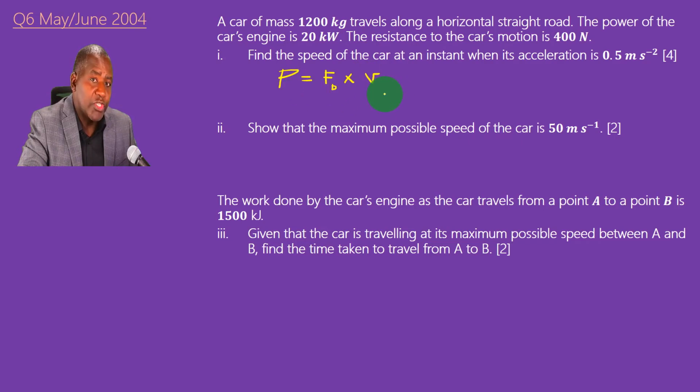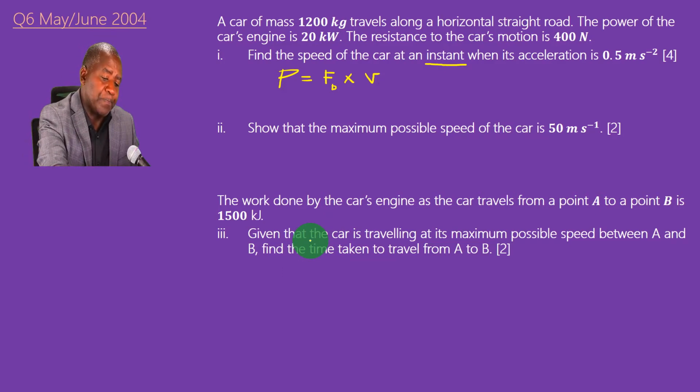So this equation is used when the speed of the car is constant. But in this case, the speed of the car may not be constant. In fact, it is not, because you can see the car is accelerating. But we can use this equation at an instant of time. What is this instant of time?